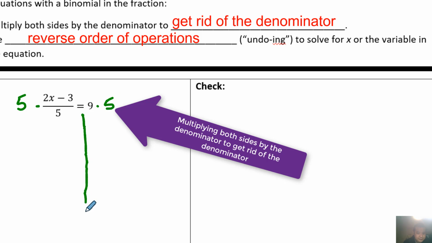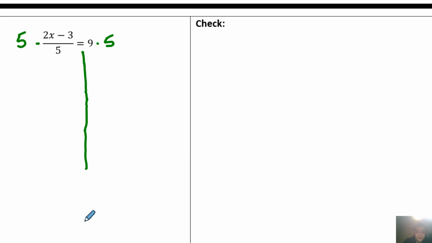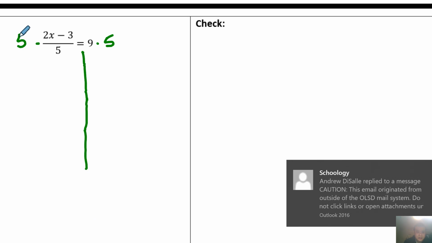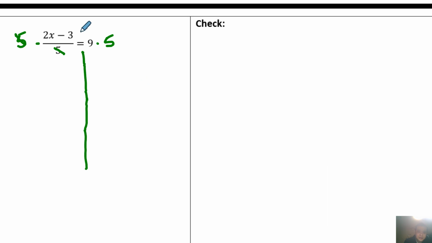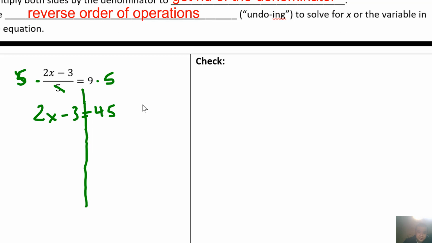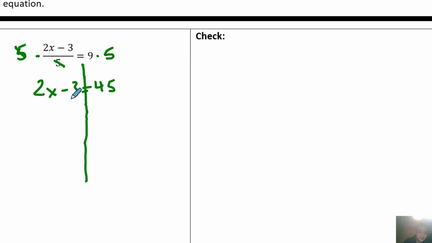And when we do that, right here, cross those out because they cancel out. We get 2x minus 3 equals 45. And then we can start using reverse order of operations like in step 2. To solve for 45, we're going to get rid of this minus 3 by adding 3 to both sides.